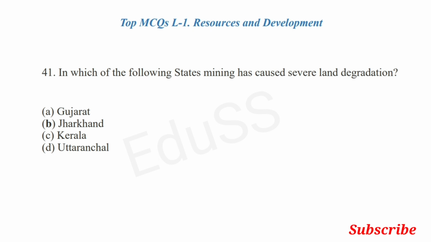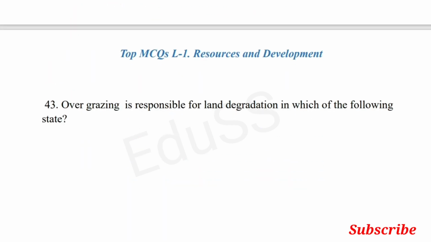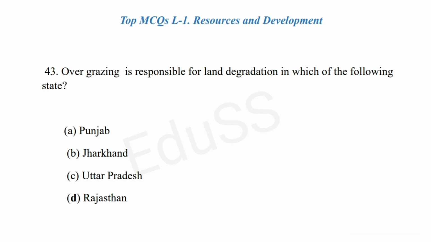In which of the following states has mining caused severe land degradation? The correct option is Jharkhand. The main cause of land degradation in Punjab, Haryana and Western Uttar Pradesh is over-irrigation. Next, overgrazing is responsible for land degradation in which of the following states?